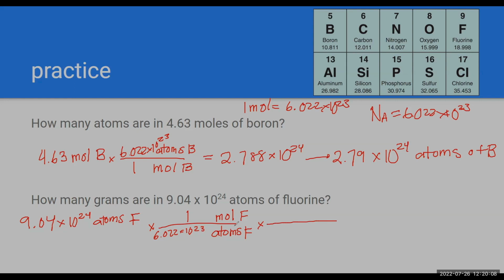And then next, we can use that other conversion factor where we know that a mole of an atom is going to weigh its atomic mass units, but in grams. So I can put 1 mole of fluorine in the denominator. And then I'm going to look at the atomic weight of fluorine up in the top right-hand corner right here. It is going to be equal to 18.998.